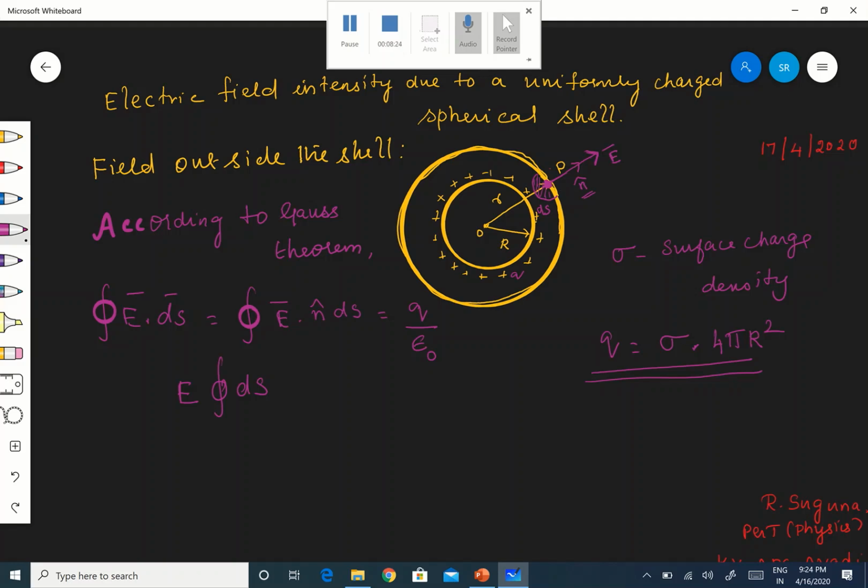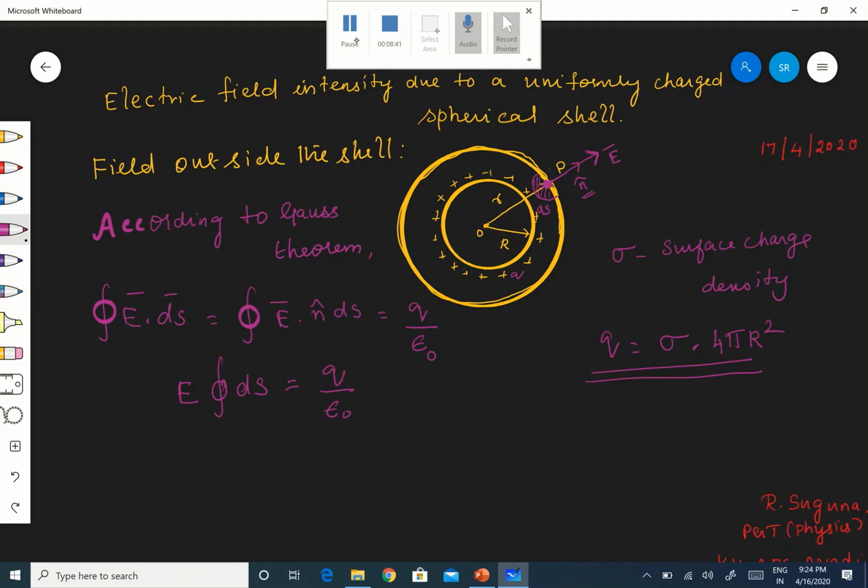Therefore you get E ds. That way I have written E times the surface integral of ds, which is nothing but Q by epsilon naught. Hope you are following.